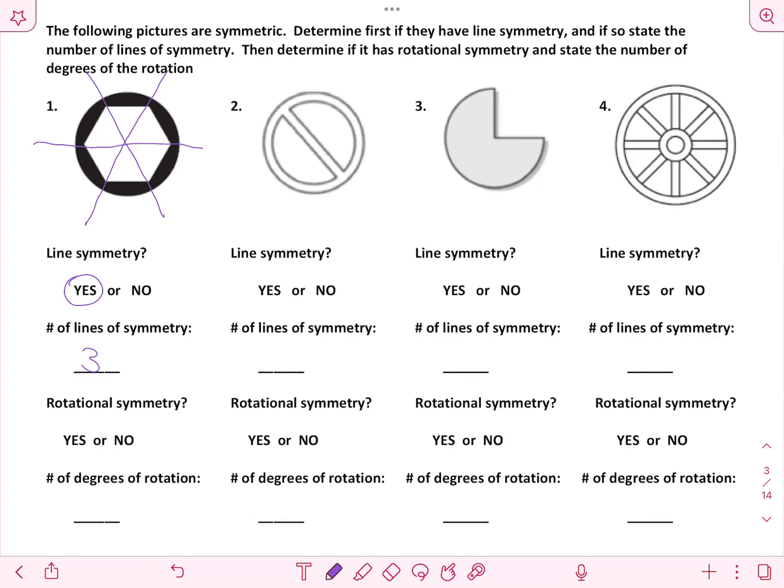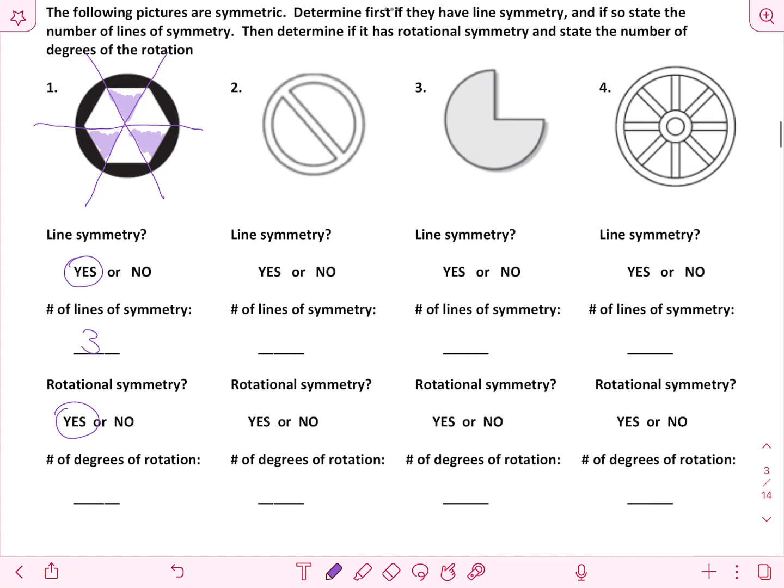Now, also, we have rotational symmetry, because if you notice, our lines of symmetry broke this up into 6 even portions, okay? Now, if you recall, a circle is 360 degrees.